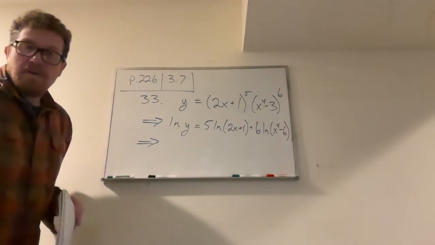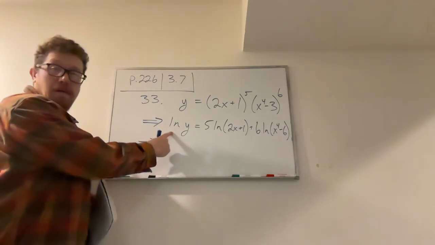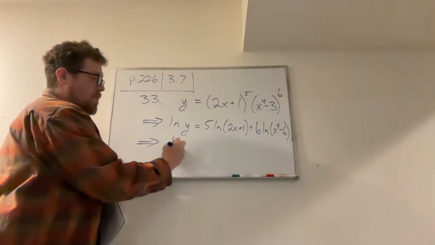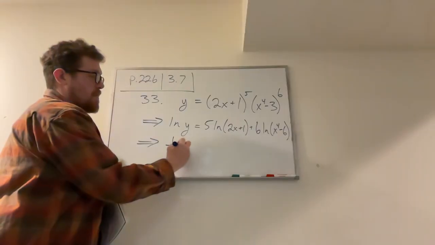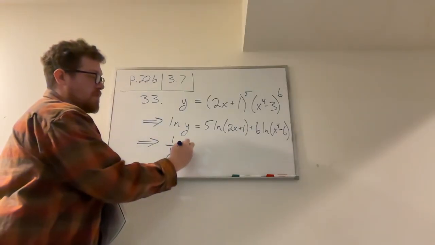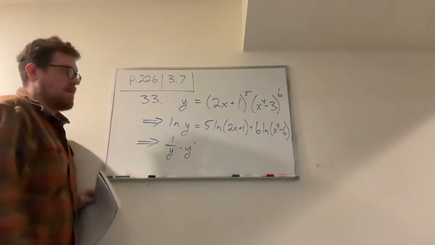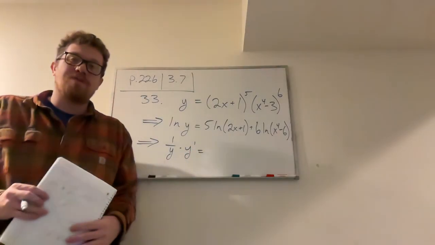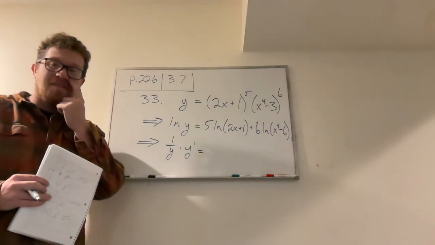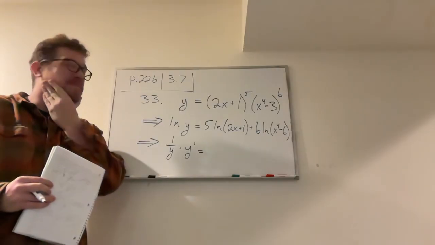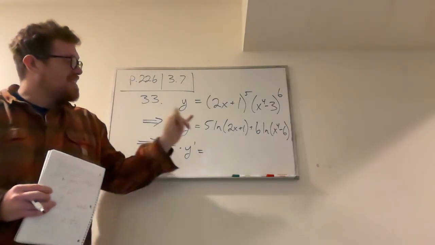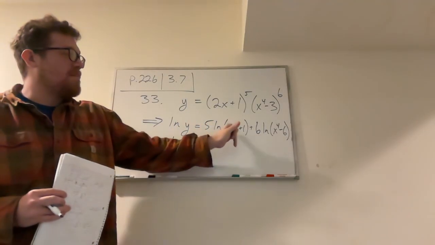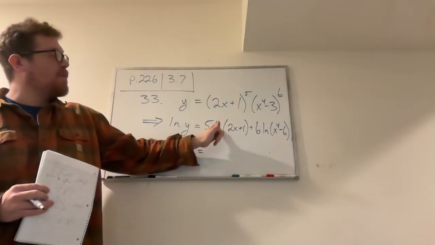Then if I take the derivative, the derivative of log of y is going to be 1 over y times the derivative of the inside function, so just y prime. And now here's the tricky or fun part. For 5 times the log of a function, I can just use the chain rule.